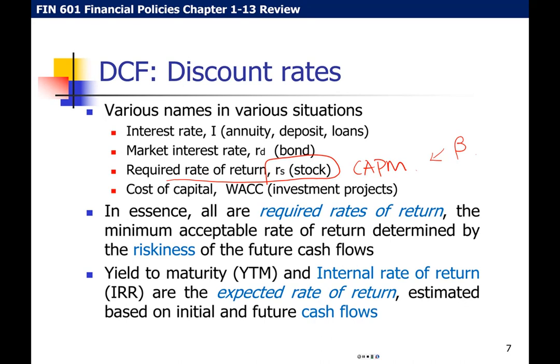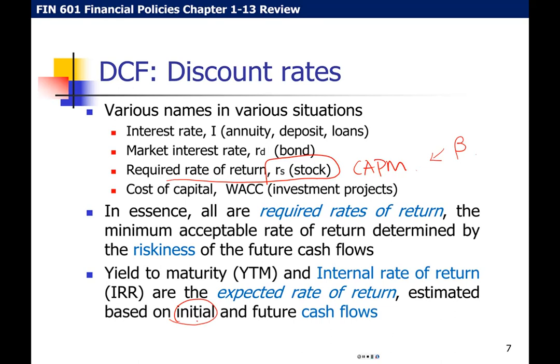And the next one, with yield to maturity and internal rate of return, they're called expected rate of return. They're estimated based on the initial price and future cash flows. Okay, so they're based only on cash flows, the initial and future ones, and we can find the expected rate of return.